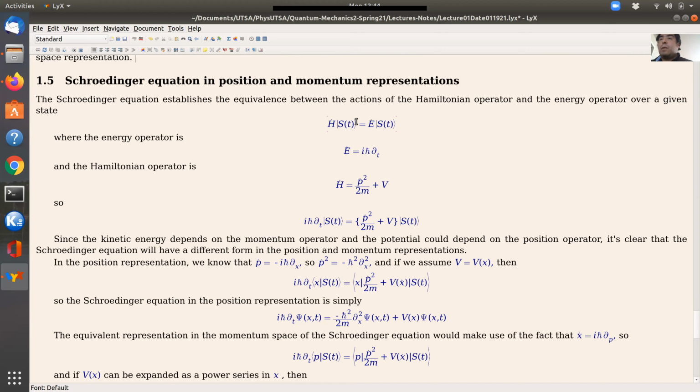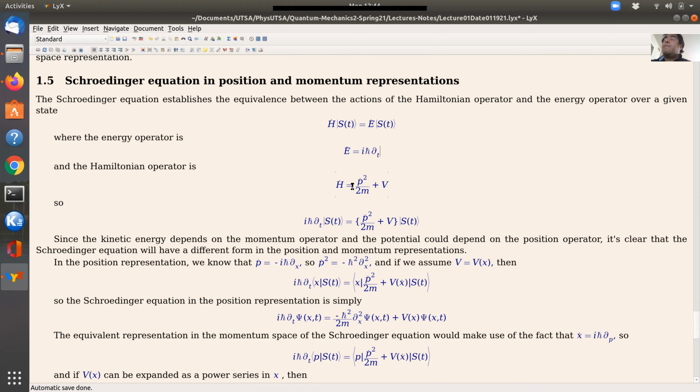It's not that they are equal as operators, but the Schrodinger equation says that this operator is going to be equal to the energy operator. The energy operator is i h bar partial with respect to time. You saw that before. So the Hamiltonian operator is basically using the classical Hamiltonian.